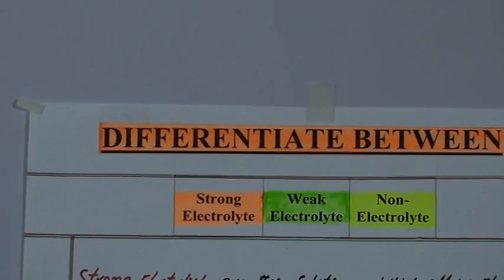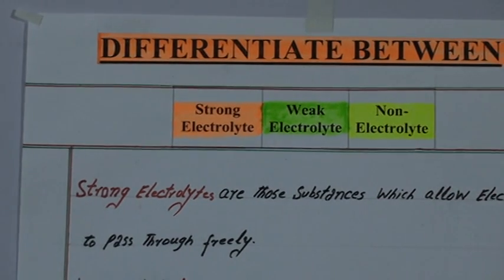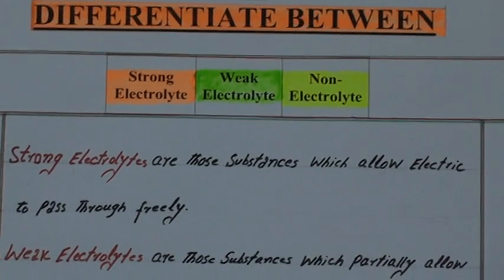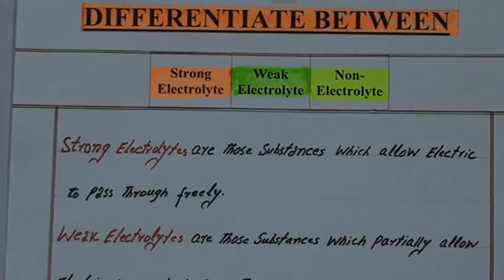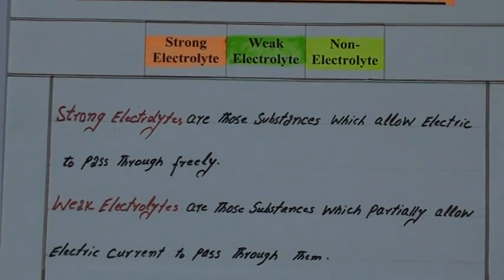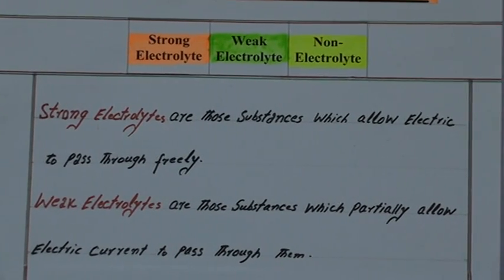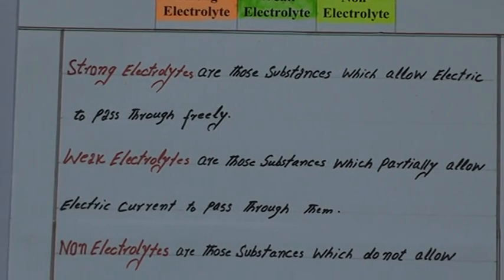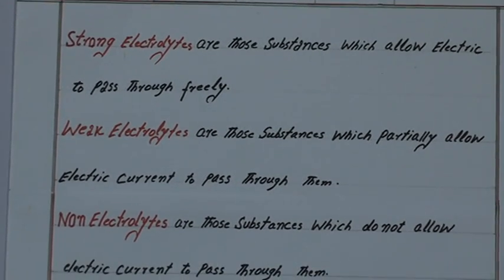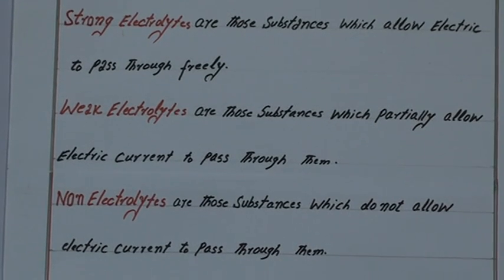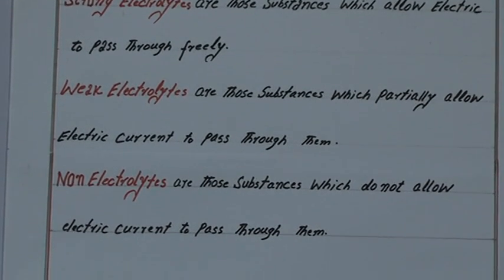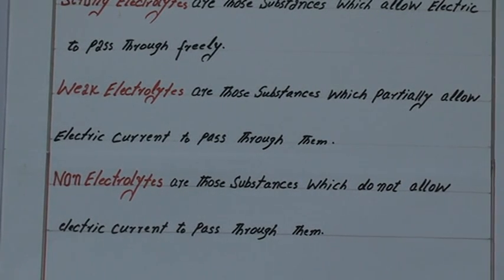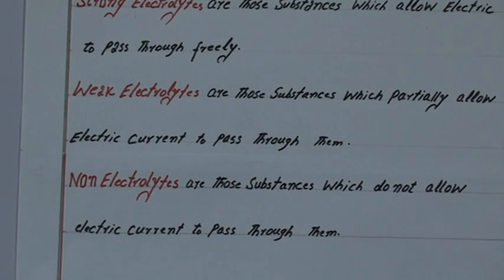Strong electrolytes are those substances which allow electric current to pass through them freely, while weak electrolytes are those substances which partially allow the electric current to pass through them. Similarly, non-electrolytes are those substances which do not allow electric current to pass through them.